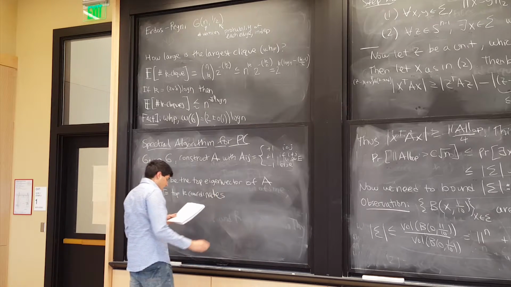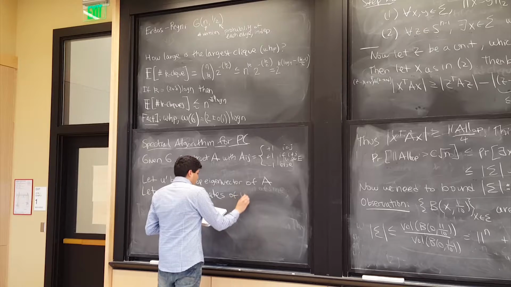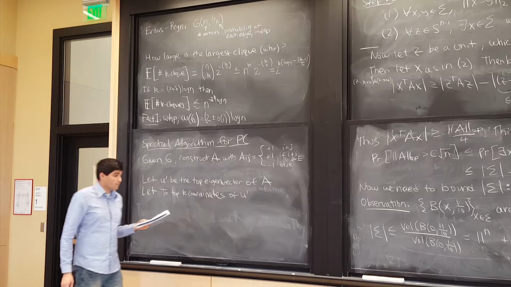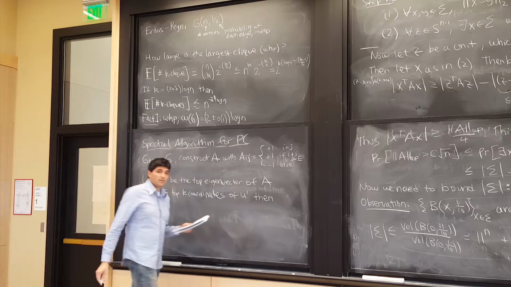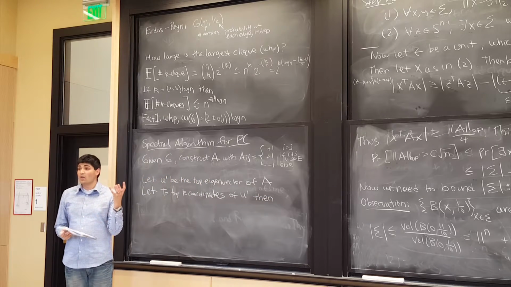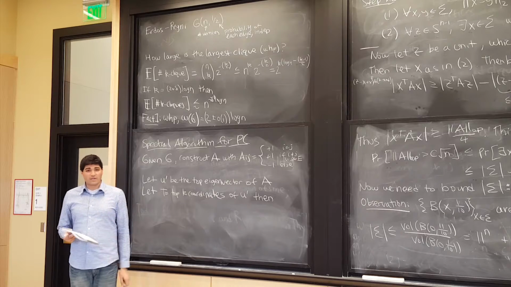If we let P be the top K coordinates of U prime, the largest coordinates of U prime, then what we're going to do is very similar to what we did when we brute force searched for a 3 log n clique and then extended it to the rest of the graph.